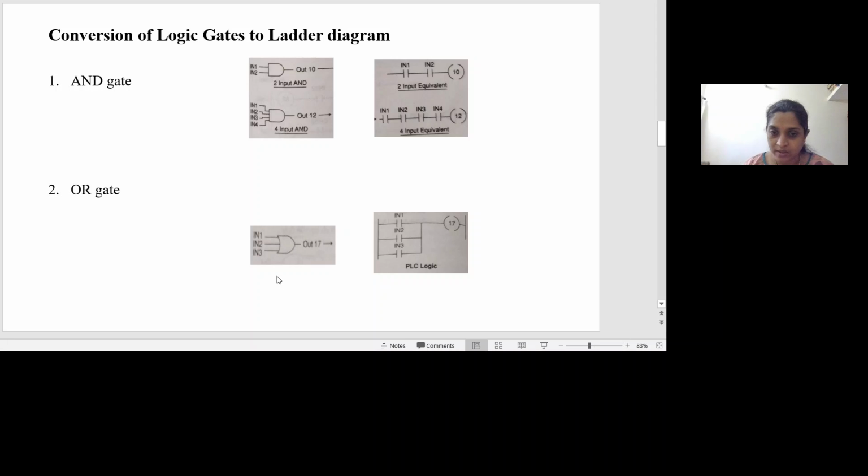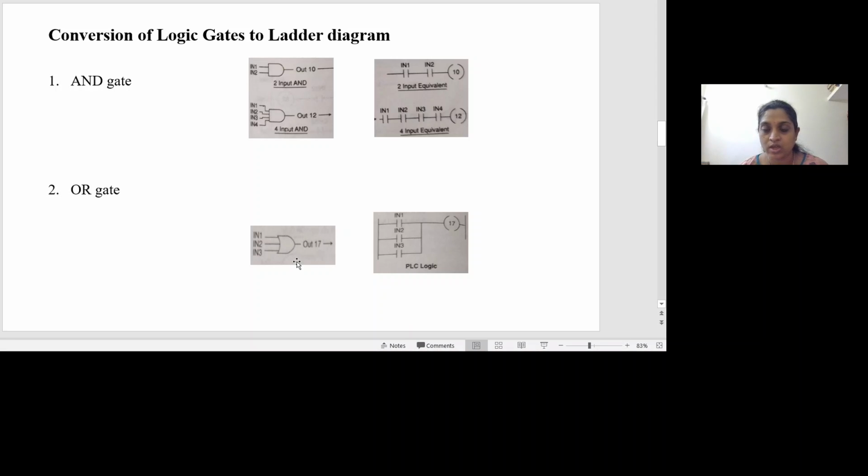Now OR gate, here I have taken a three input OR gate. The inputs are IN1, 2, 3, and the output is OUT 17. For an OR gate, the logic equation is the output y equal to a plus b. All the inputs of an OR gate are represented as contacts in parallel.